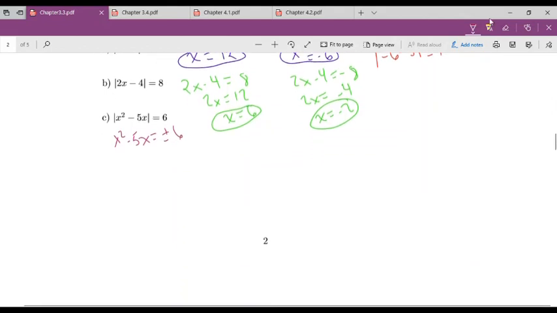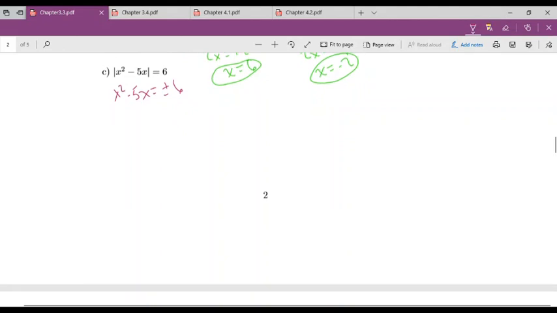So we really have to solve two equations here. We've got to solve x squared minus 5x equals 6, and we're going to come over here and solve x squared minus 5x equals negative 6. Let's get everything on one side with this one over here on the left. So I get x squared minus 5x minus 6 equals 0. I can try to FOIL that.